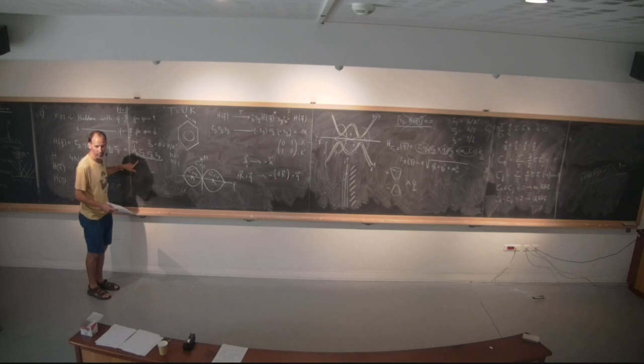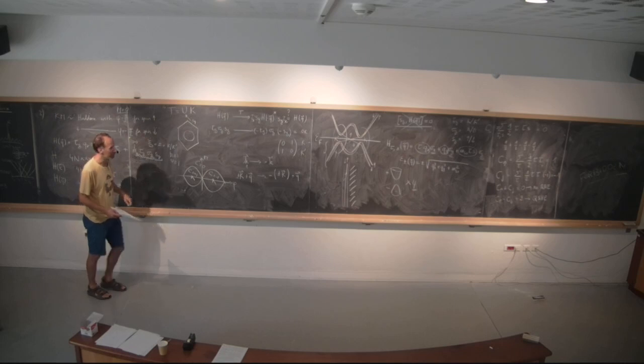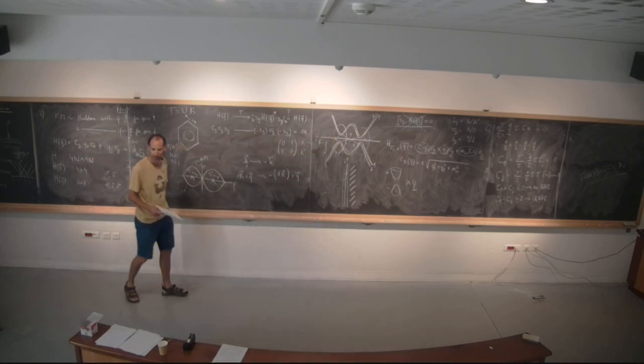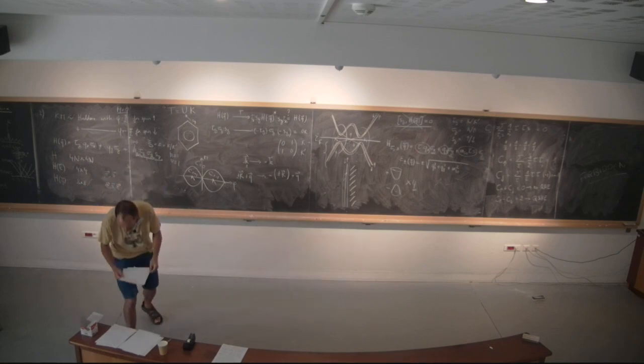So that's what happens with Rashba spin-orbit coupling. By adiabatic continuity, you know that you can turn it on, but not too strong. If it becomes too strong, it closes the gap, and then you lose your topological invariant. But this I don't have time to do. It's in the notes. You can read it.